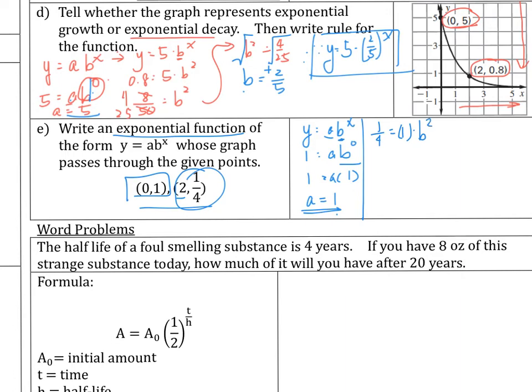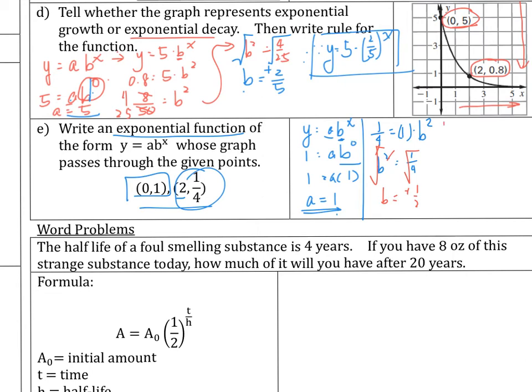So therefore I get b squared equals 1/4. And I need to take the square root on both sides. So b will be positive 1/2. Well, it's also negative, but we're not concerned with the negative value in this case.